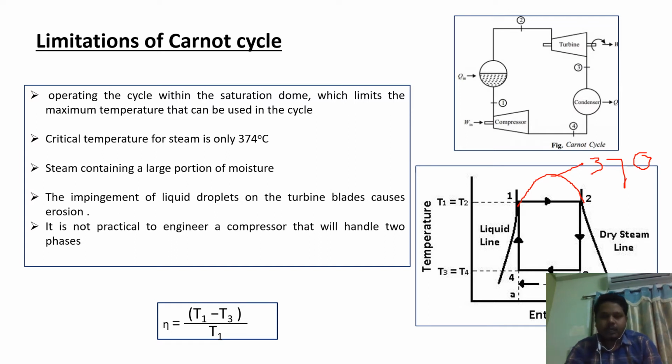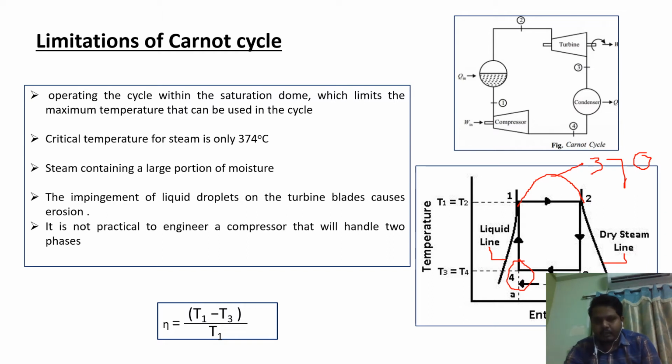The other major limitation is, if you look at point 4, this line is the saturated liquid line, and this line is the saturated steam line. What is the position of point 4 here? If a point is on the saturated liquid line, that is pure liquid. If it is on the saturated steam line, that means pure steam.